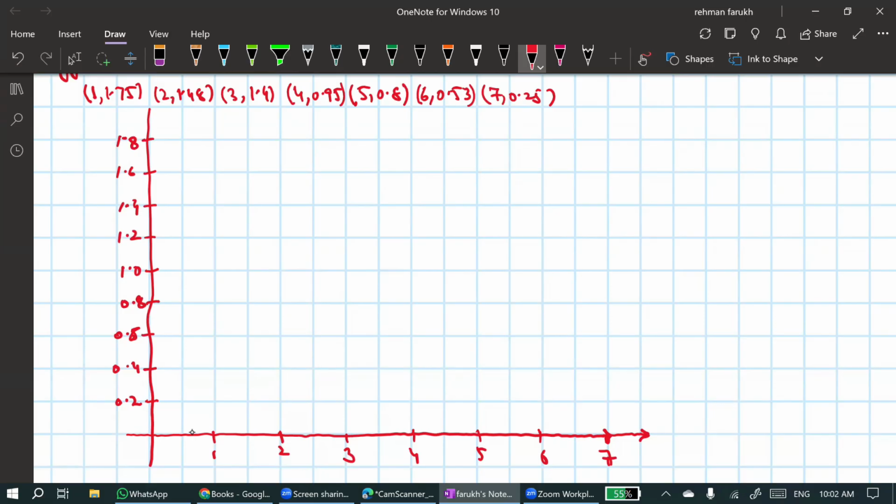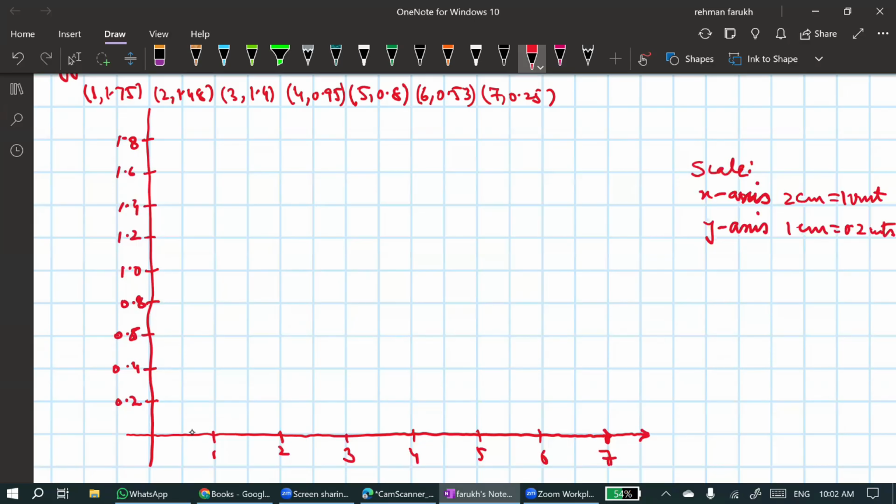Now the scale: on the x-axis, 2 cm is 1 unit, and on the y-axis, 1 cm is 0.2 units. This one is the scale.